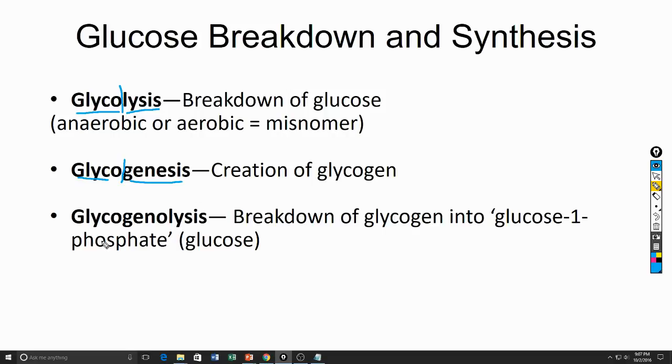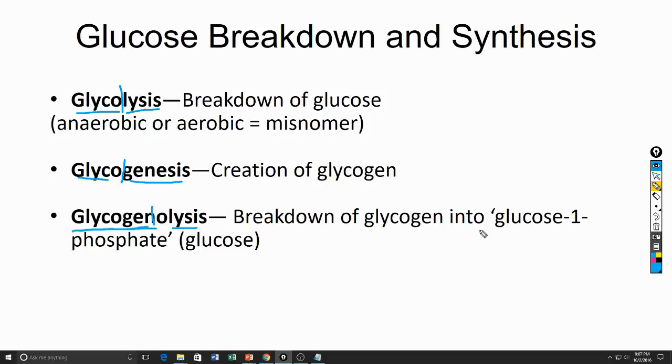And then we have here glycogen, a lysis. Okay, so glycogen is the stored form of glucose, which we'll talk about how that is created later on. And then we have that lysis term again, so this is the breakdown of glycogen.